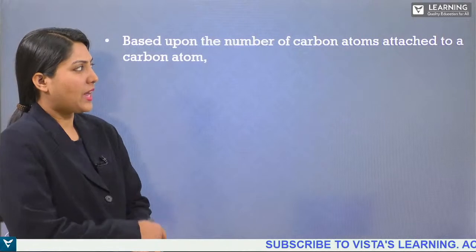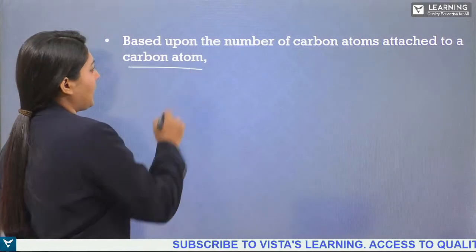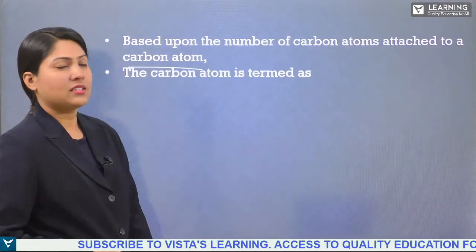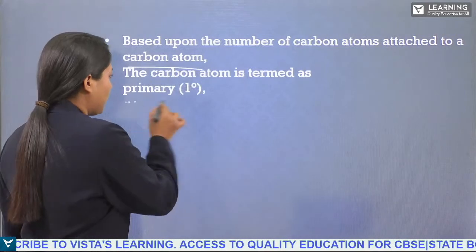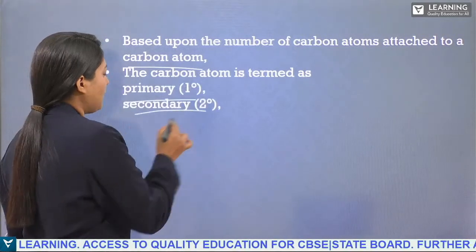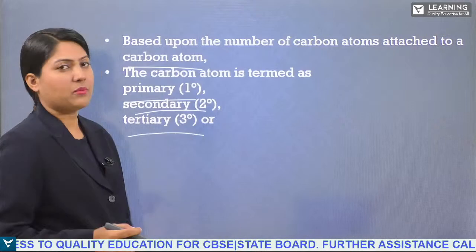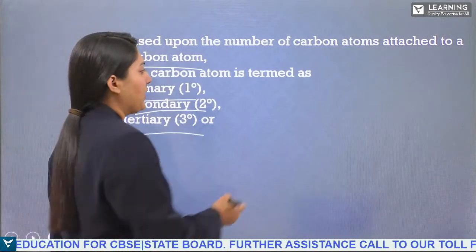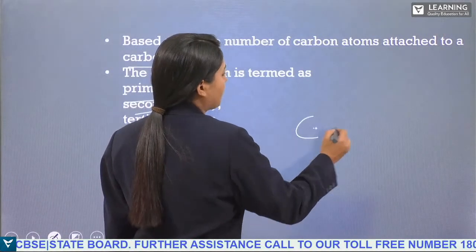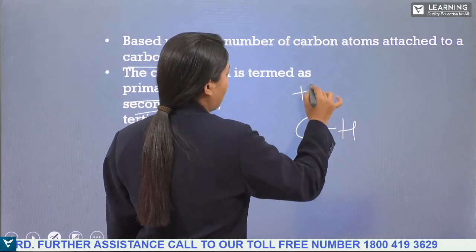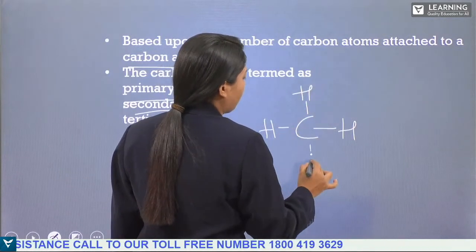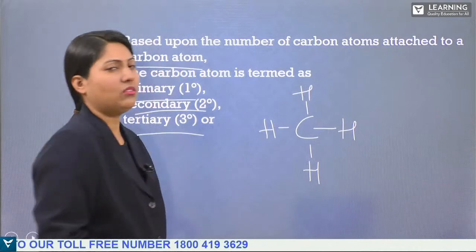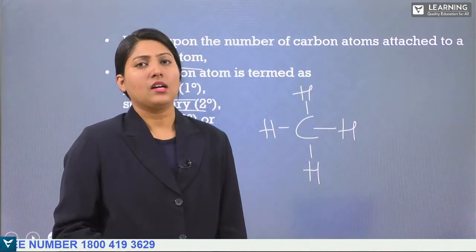Based upon the number of carbon atoms attached to a carbon atom, these are termed primary, secondary, and tertiary. What do you mean by primary, secondary, and tertiary? If you have a single carbon, which is methane, then we call it primary because it is not linked to any other carbon.